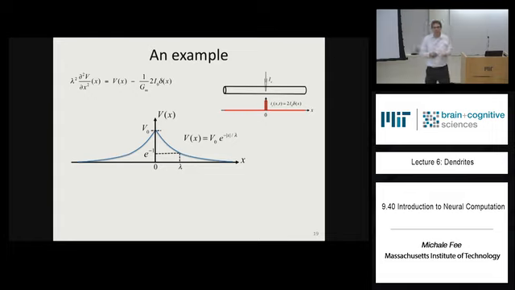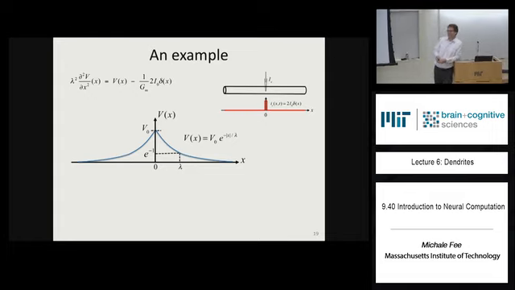Does that make sense? That is the steady state space constant. It has units of length. It's how far away do you have to go so that the voltage falls to 1 over 2.7 of the initial voltage. Okay?